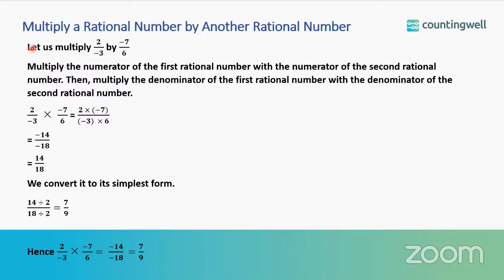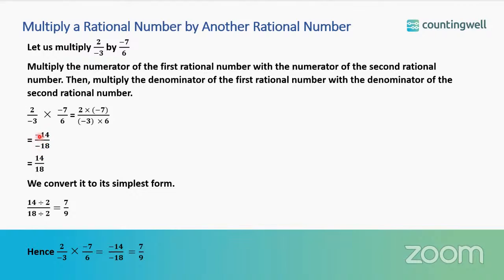Let us multiply 2 upon minus 3 by minus 7 by 6. So what we are going to do, multiply the numerator of the first rational number with the numerator of the second. So 2 into minus 7 is minus 14. Then minus 3 into 6 will be equal to minus 18.